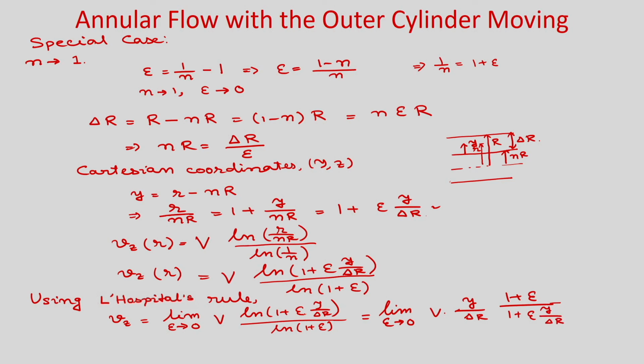Okay, because this will become 1 by 1 plus epsilon y by delta r, and in the denominator 1 by 1 plus epsilon comes to the numerator. So, now if epsilon tends to 0, this term will become 1. Okay. So, you will get Vz is equal to V into y by delta r.